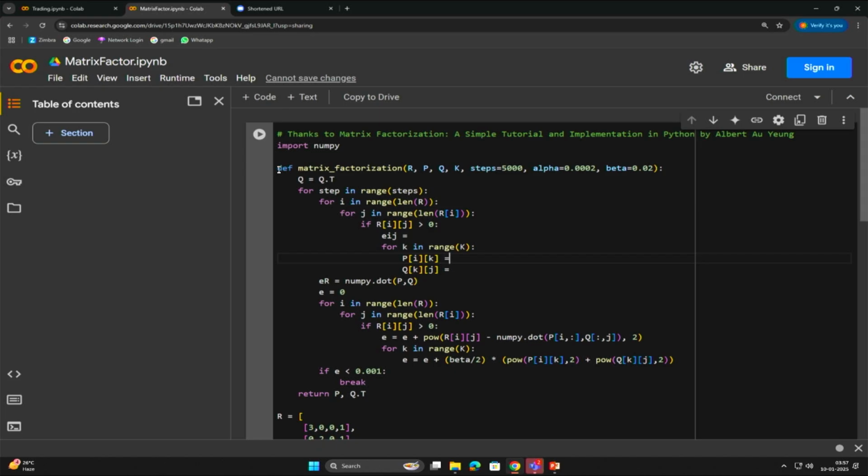Let me see. So there was a reason I did not make you do the bland simple matrix factorization. Okay, that. Look.